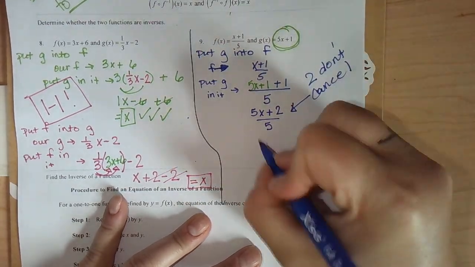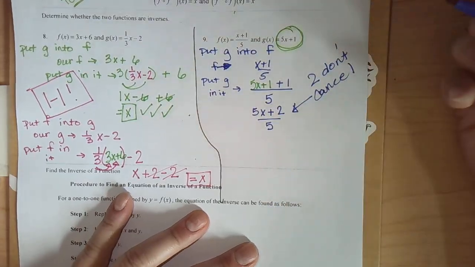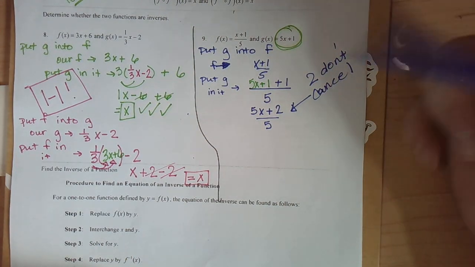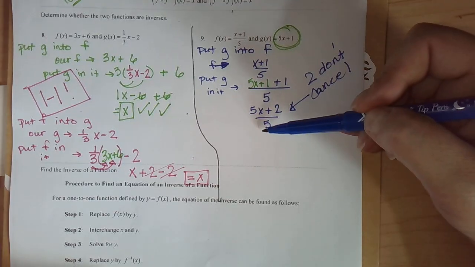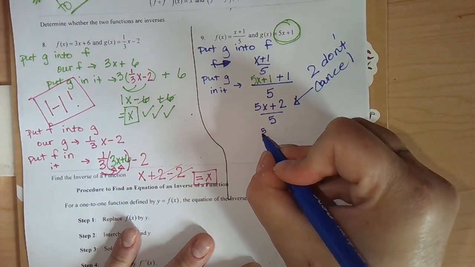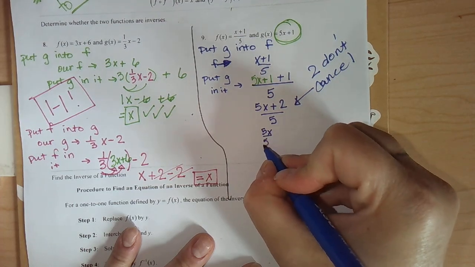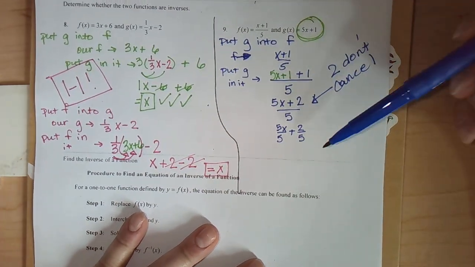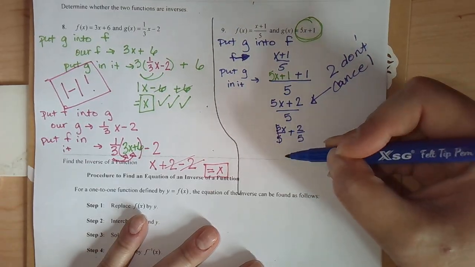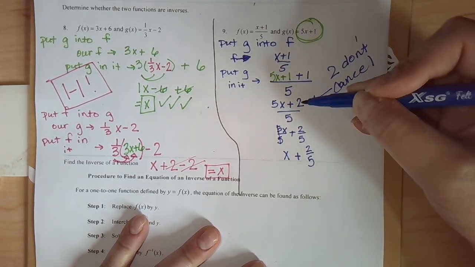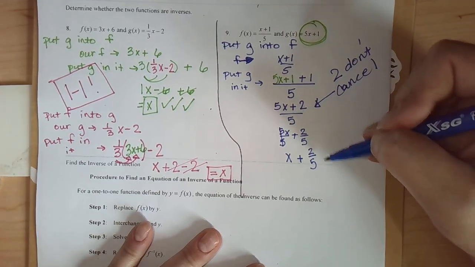If I split these up, the 5 could cancel. Woohoo! And I could get a plain old x if I canceled these 5s. But that's only if I split it up. If I make like 5x over 5 plus 2 over 5. But even if I split it up and those 5s cancel, woohoo! We still have the rest of that fraction, that 2 over 5.